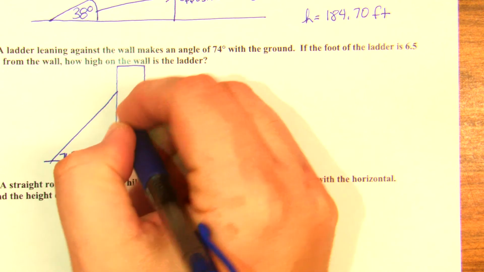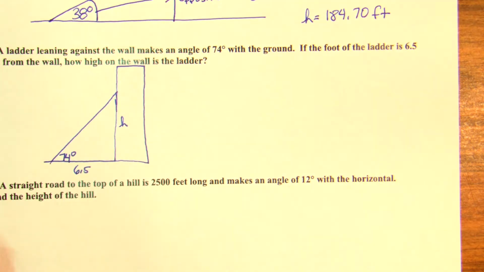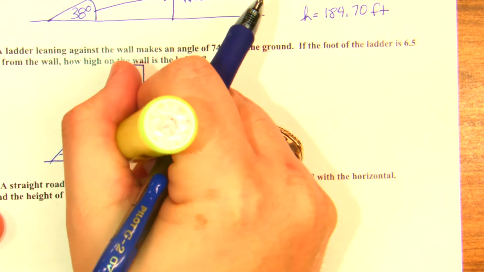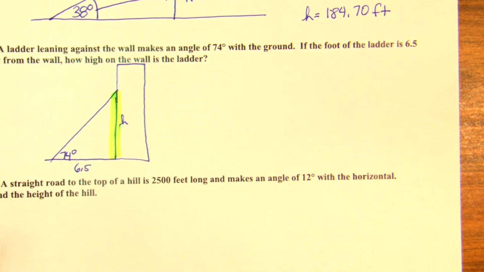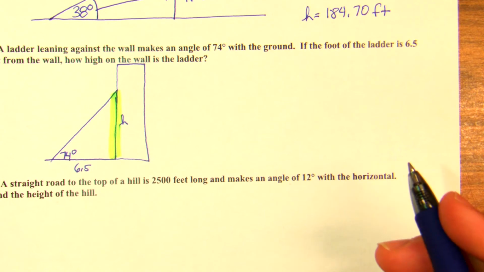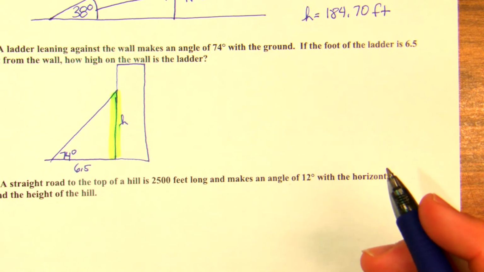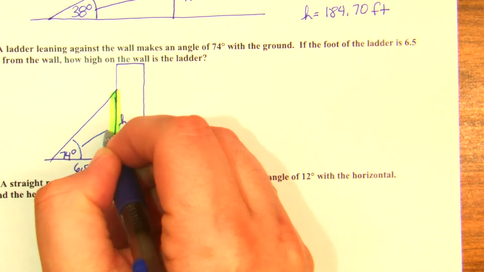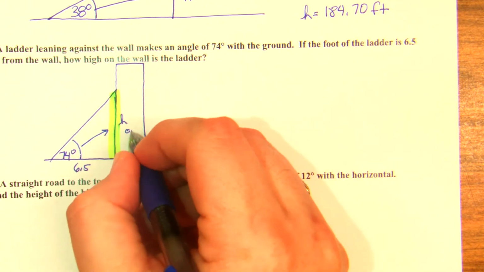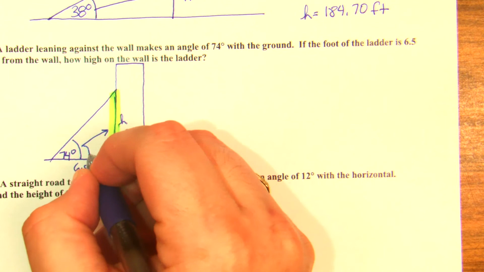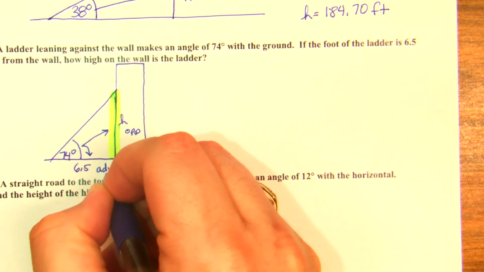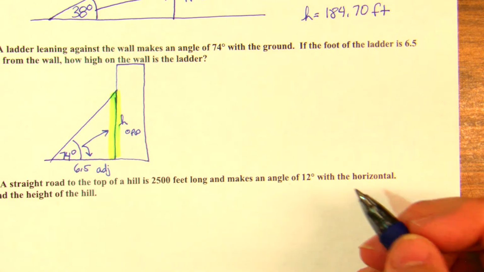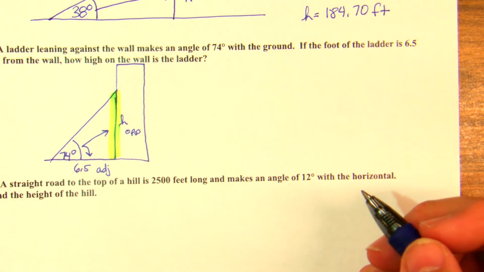I want this side now. For this angle, I have an opposite side and an adjacent side. So which one, the sine, cosine, or tangent, are we going to use?